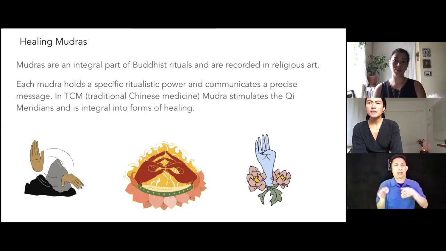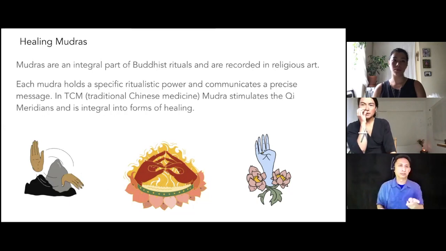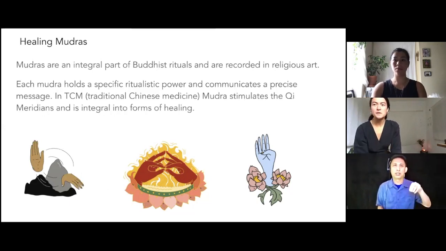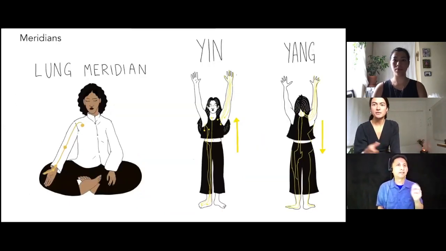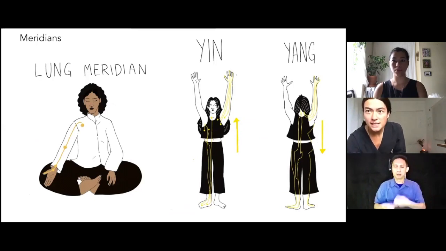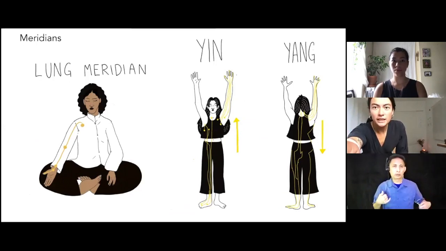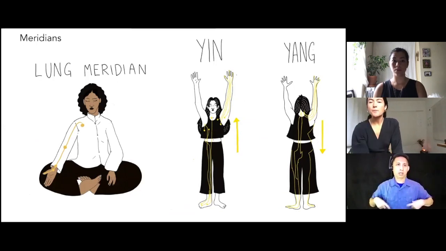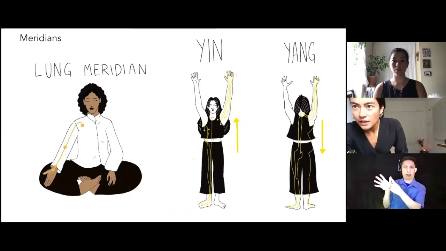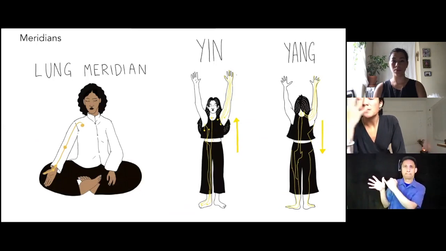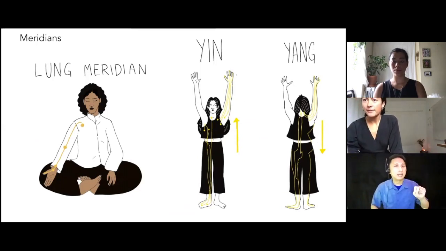So we'll see in the next diagram our Qi meridians. The Qi, the life force, flows through the human body in different channels. And you can see here, like with the lung meridian, that it ends in the thumb. And you can see the yin meridians running along the front of the body.